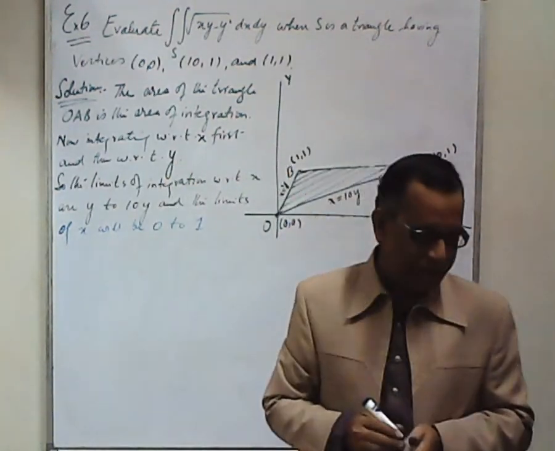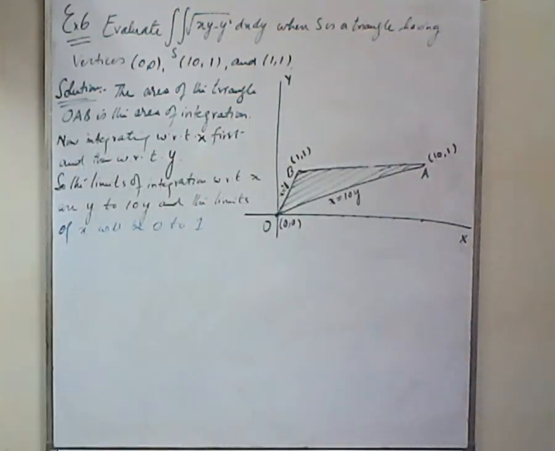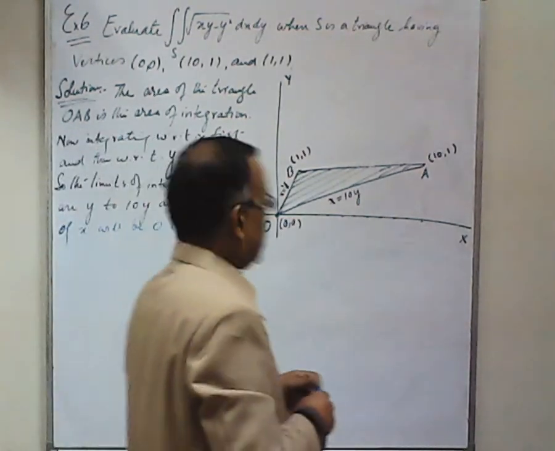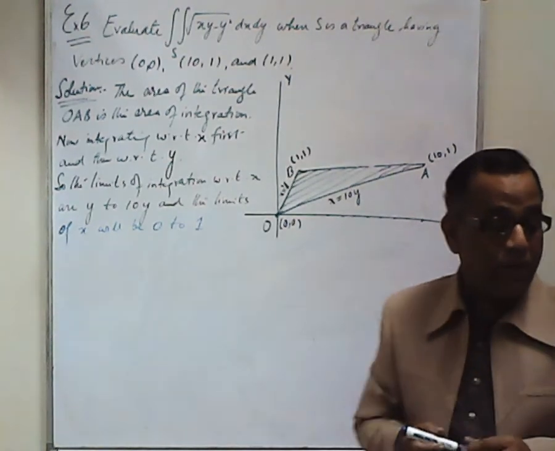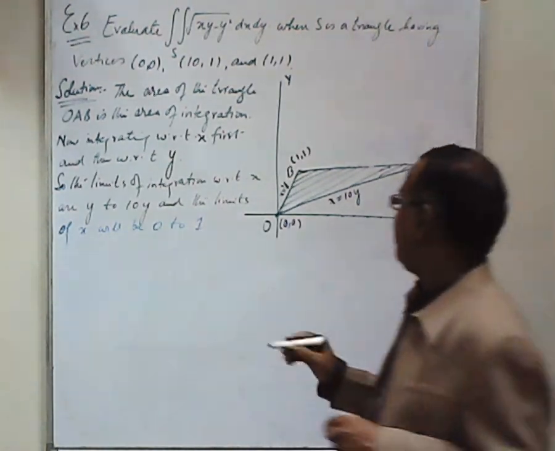So the limits of y will be 0 to 1 and the limit of x will be y to tan y.